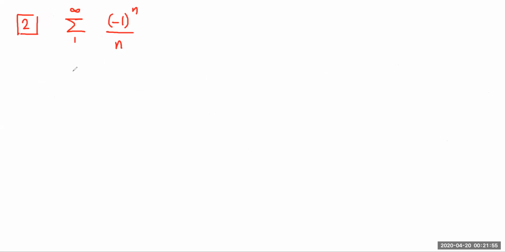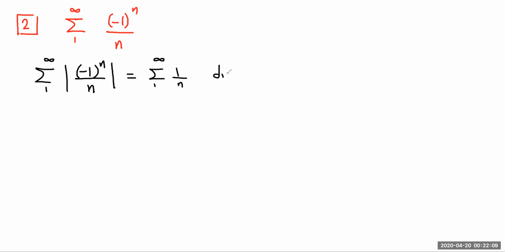In this exercise, if I take the sigma of absolute value of minus 1 power n over n, this is sigma 1 over n from 1 to infinity. This diverges. Why? Because also using the integral test, here n power 1, 1 over n power 1.